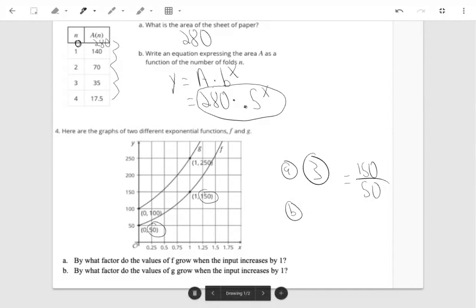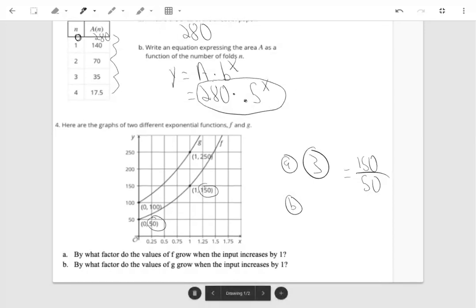Okay. How about B? For graph G, the top graph here, by what factor do the values of G grow when the input increases by 1? This one's not quite as obvious. We go from 100 to 250. You could figure out 100 times what is equal to 250.